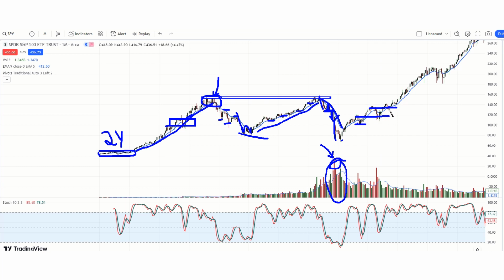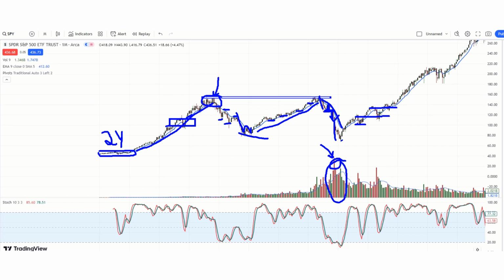And then we had a bull market run. So the bull market run was, let's call it when we broke out, August of 2012. Came back, we retested the moving average on a monthly chart in December of 2012.